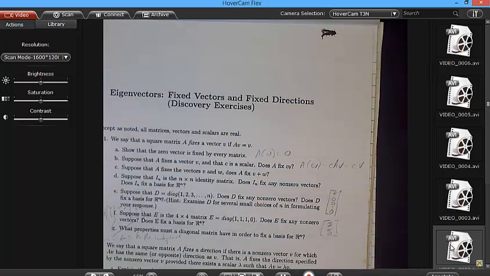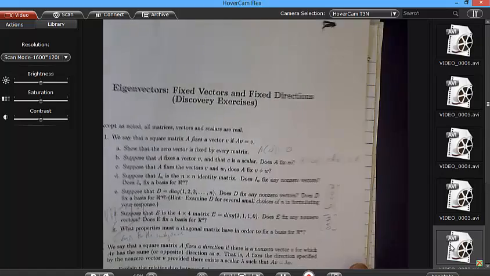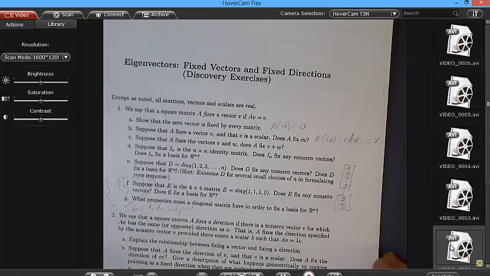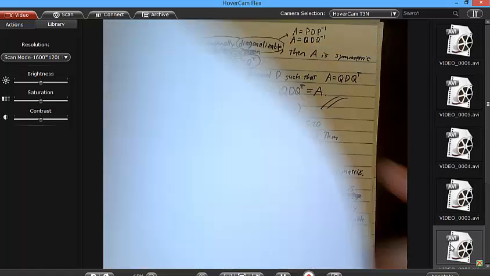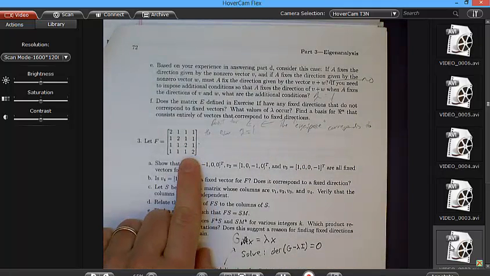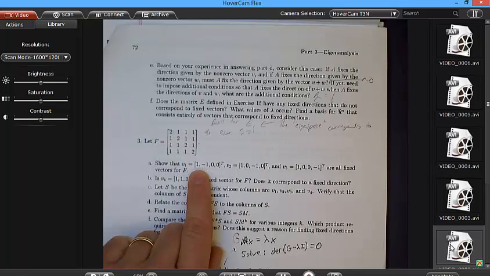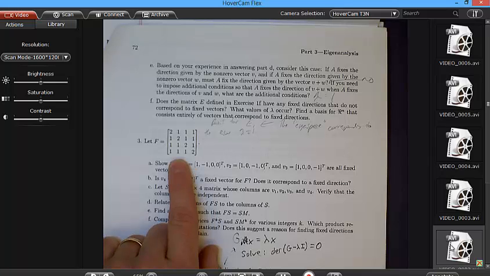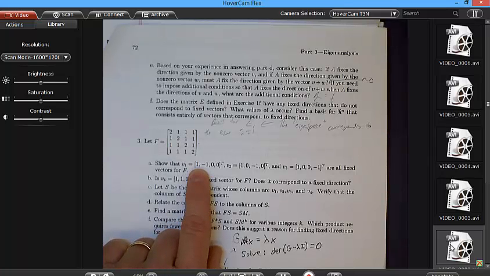Yep, we're going back to the very beginning. The first few examples we did all came from this. I remember we skipped this example because it was 4 by 4, and we didn't know how we were going to. Although we were able to show that these things are fixed vectors. How do you do that? You just take the matrix times the vector, right? And that means it has an eigenvalue of what? 1.